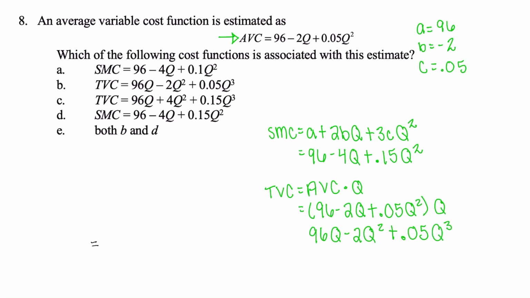And if we look at our answer choices, our short run marginal cost is the same as D, and our total variable cost that we found here is the same as B, giving us the answer of E, where both B and D are correct.